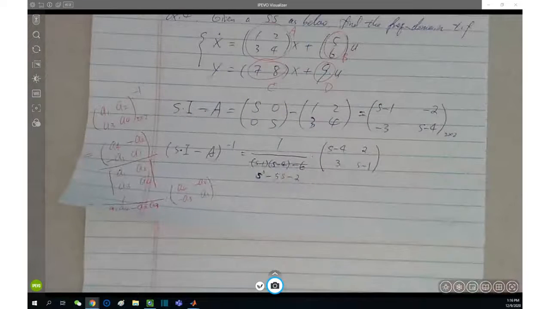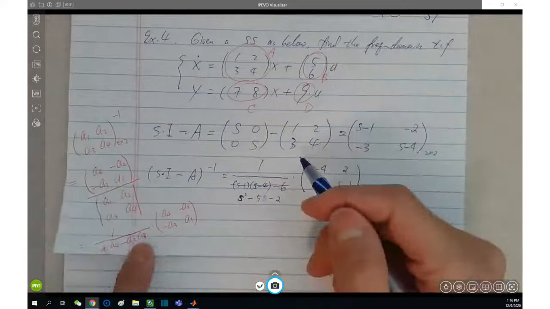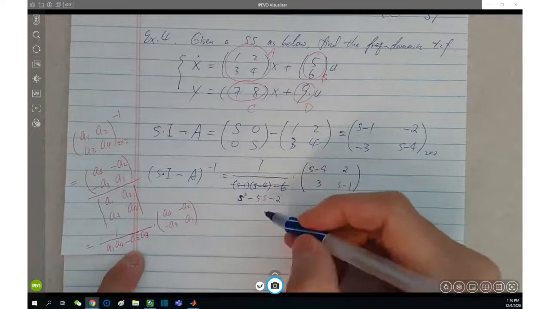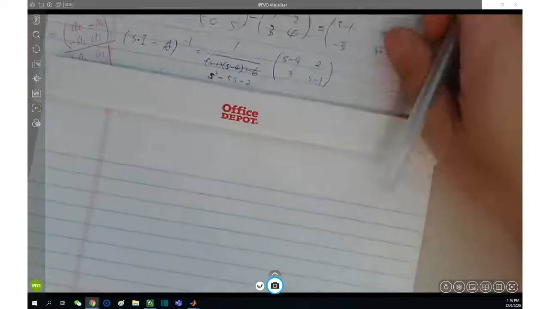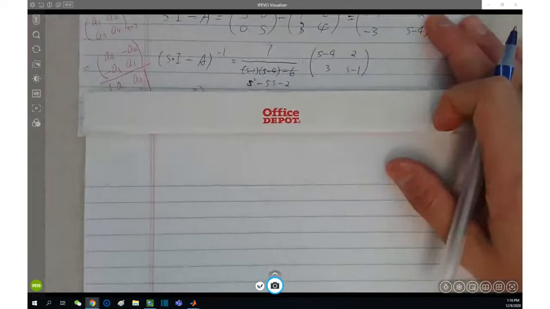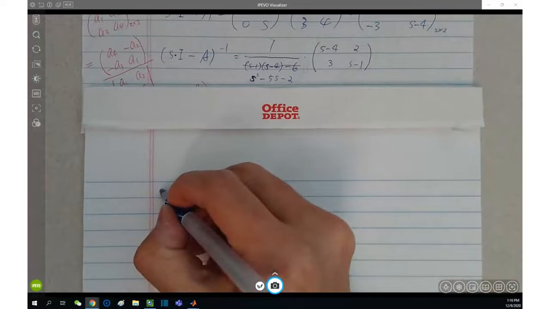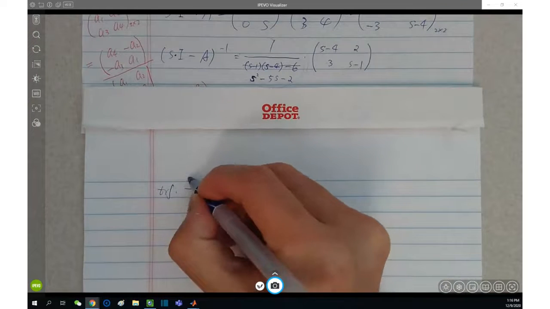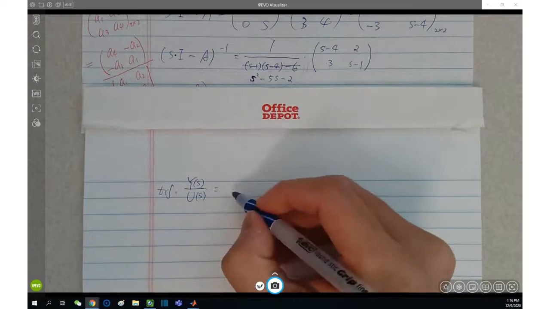All right, let's see the detailed calculation here. We can continue from here. So the transfer function is just C. Who is C? 7, 8.